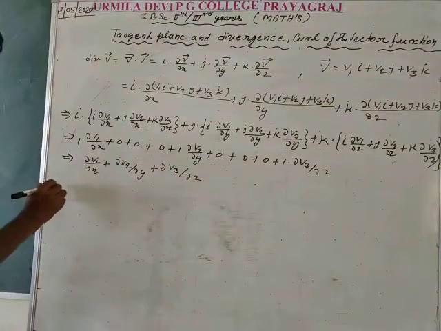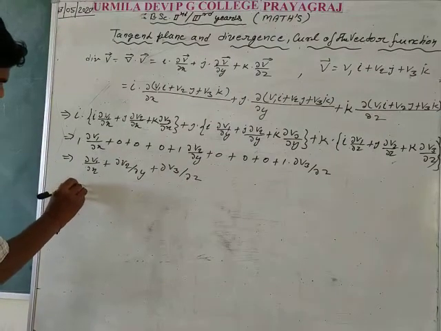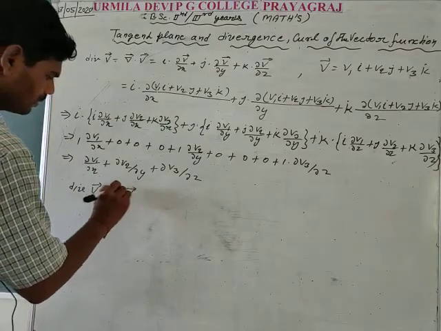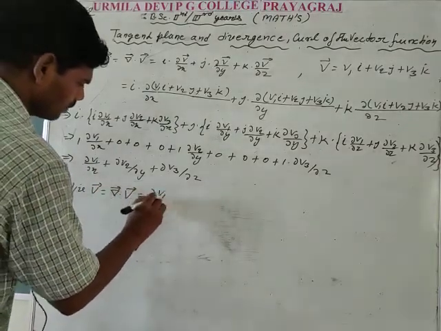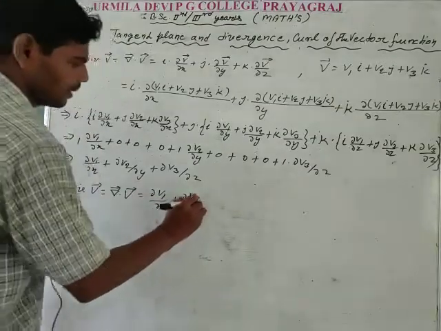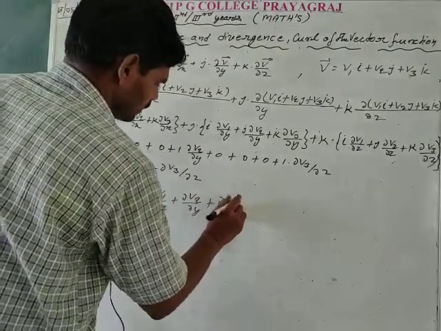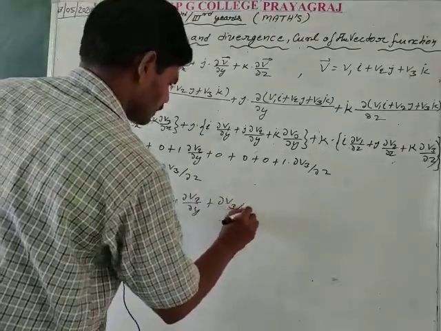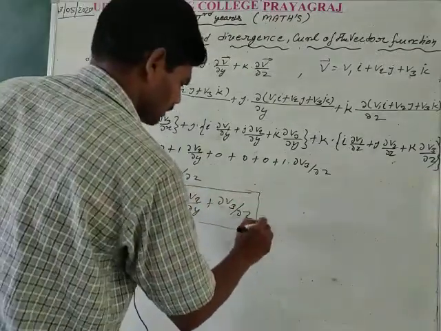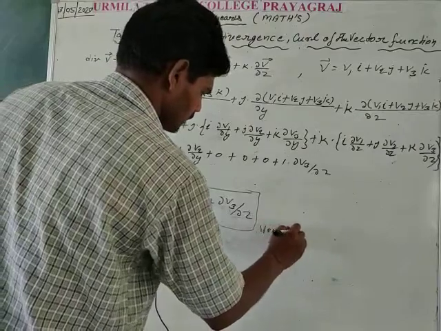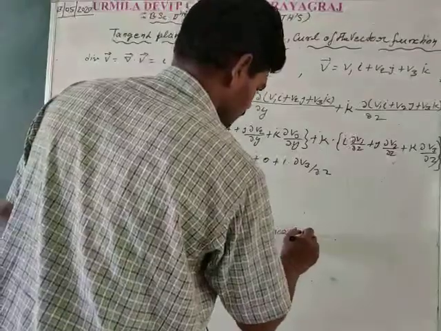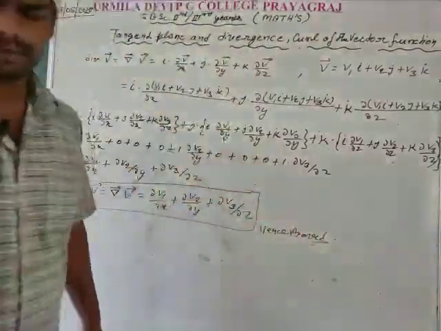So it is clear that the divergence of vector V, del dot V, is equal to del V1 by del x plus del V2 by del y plus del V3 by del z, which completes the proof of the theorem. Hence proved.